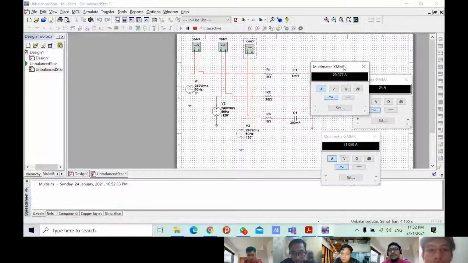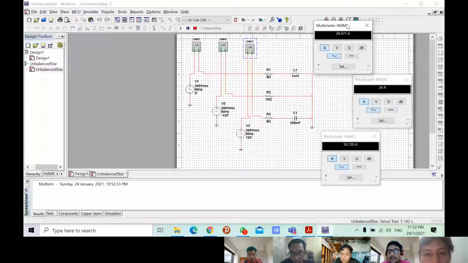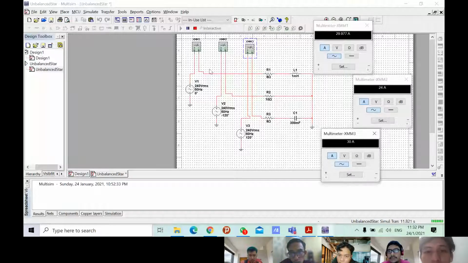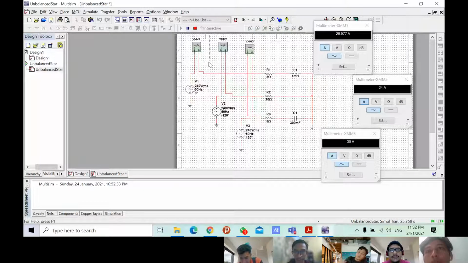Alright, can you see the measurement? Multimeter for line R, then Y, then B. For the first line, line R, the current is 29.98.